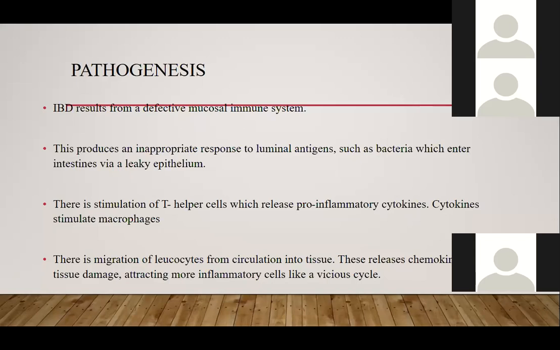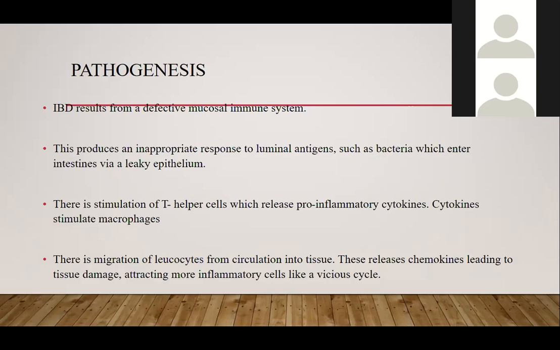And as we are aware, inflammatory reactions come with pain. It comes with some sort of swelling. It comes with damage if the inflammation is excessive. It comes with redness. And because you are having an exaggerated response of inflammation, you are going to see an exaggerated effect of this inflammation. And that is basically what would present to you when you have an inflammatory bowel disease.